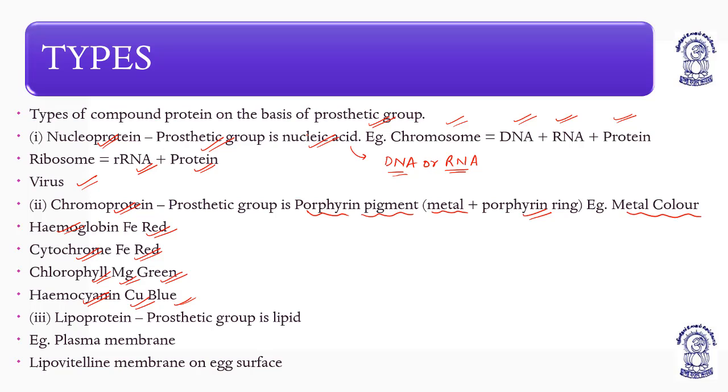Now, coming to the next, in the classification of conjugated or compound proteins, we have a third category, lipoproteins. Lipoproteins have a prosthetic group which is lipid, and they help to make the plasma membrane.